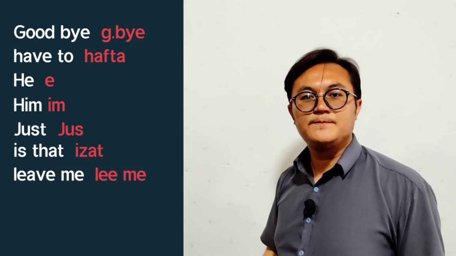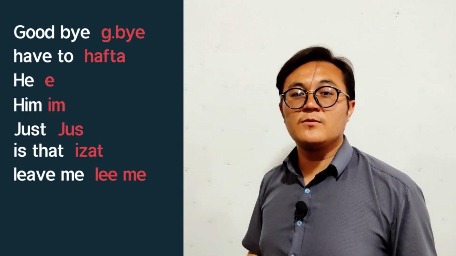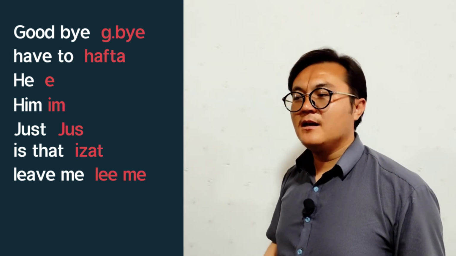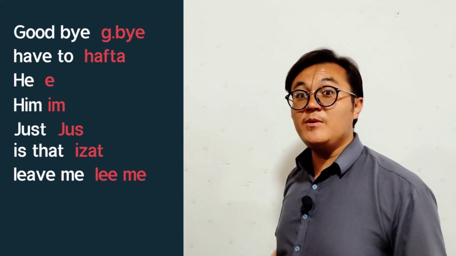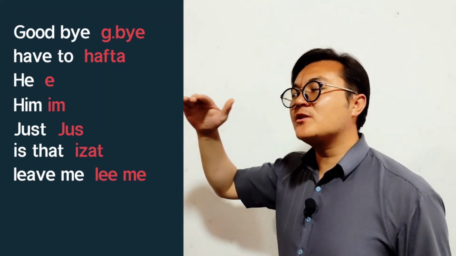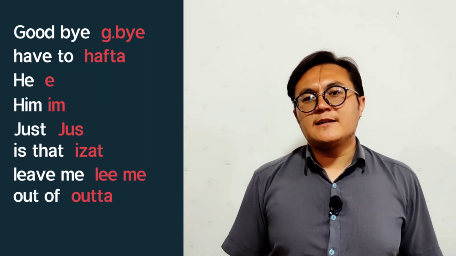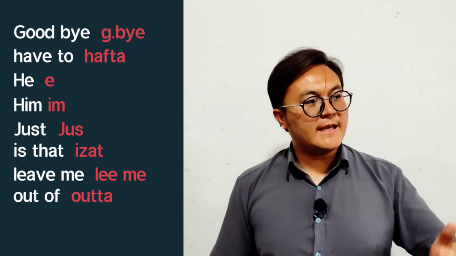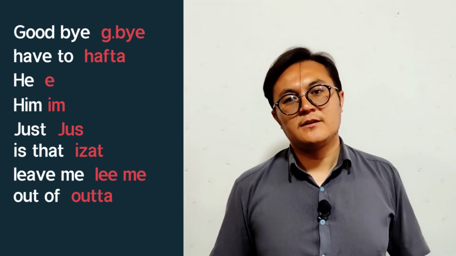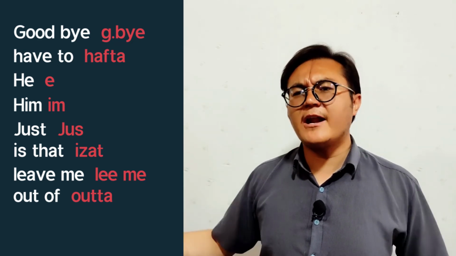Americans, a native English speaker would say, leave me. Leave me alone. Let me, please. So the last word is out of. Americans would say that, oughta. Get out of here. They would say, get out of here. Get out of here, please.